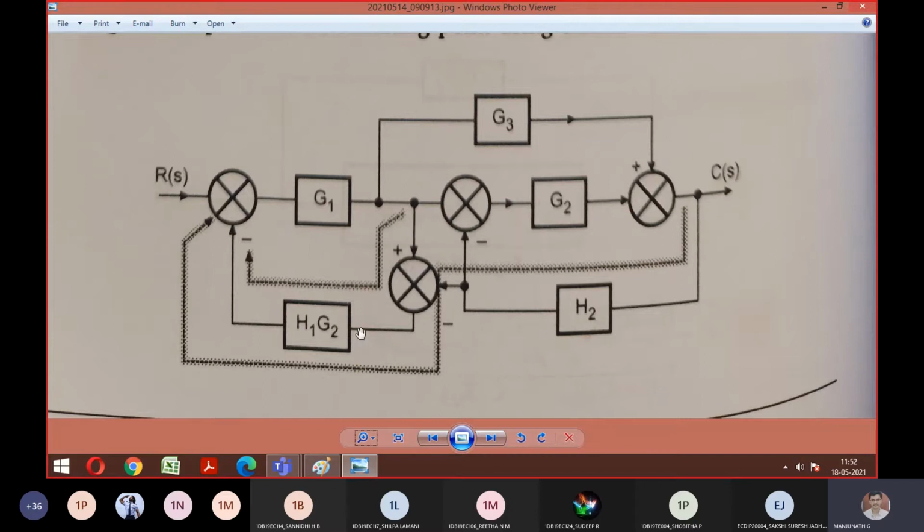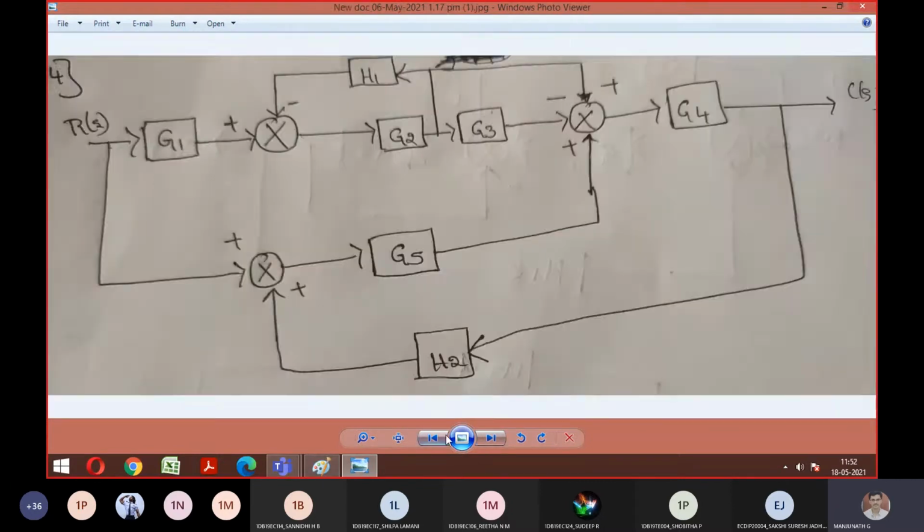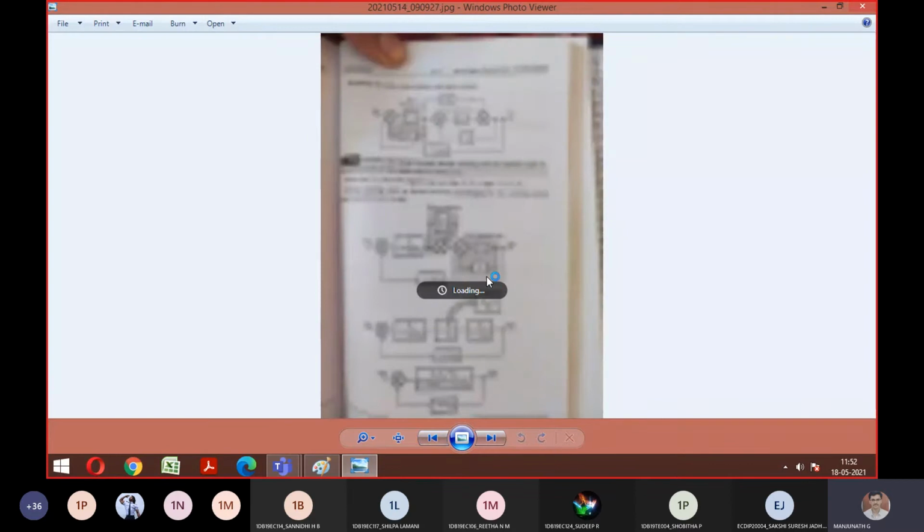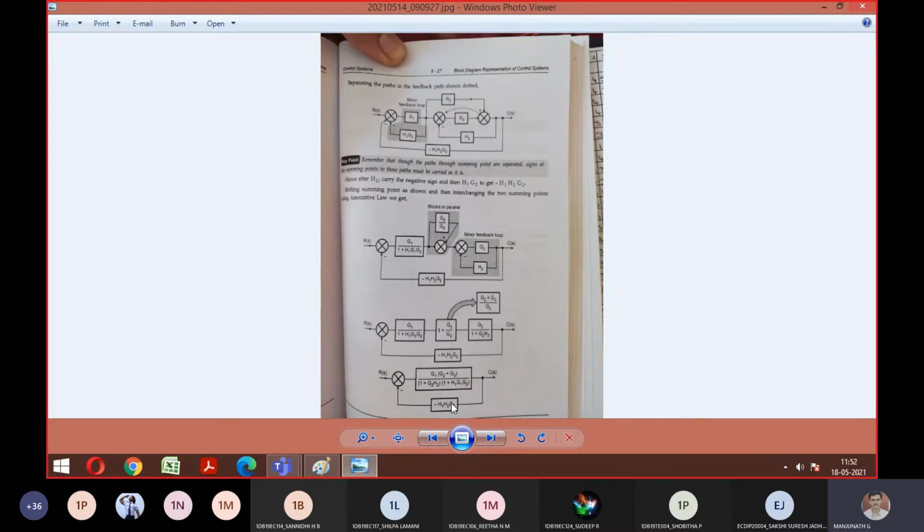Directly I can connect H1, G2 here, so this completely becomes one path. Okay? So I have eliminated this plus part. Similarly, I have the minus part from the summing point, so to eliminate that, I am adding one more extra block, which involves the combination of these two. Yes or no? That combination of these two itself is what this diagram is. Is it okay?